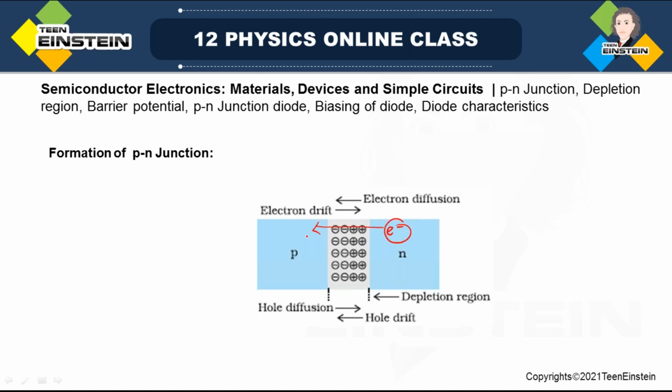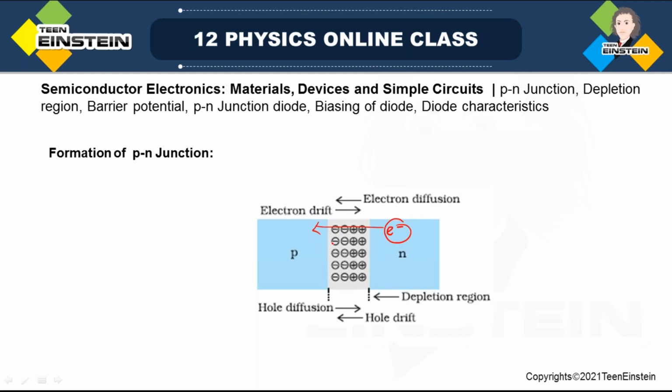Since the electrons are diffusing towards the P side, positive donor ions reside near the N junction.